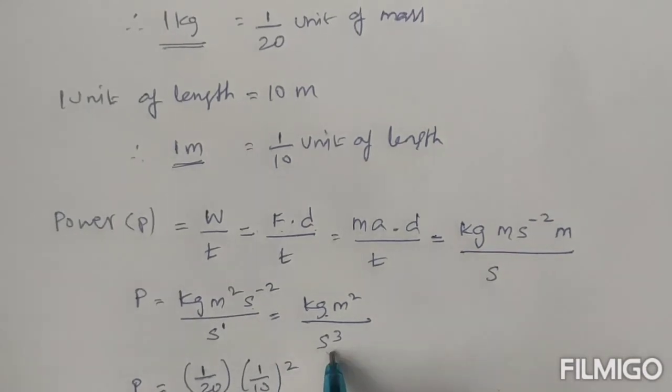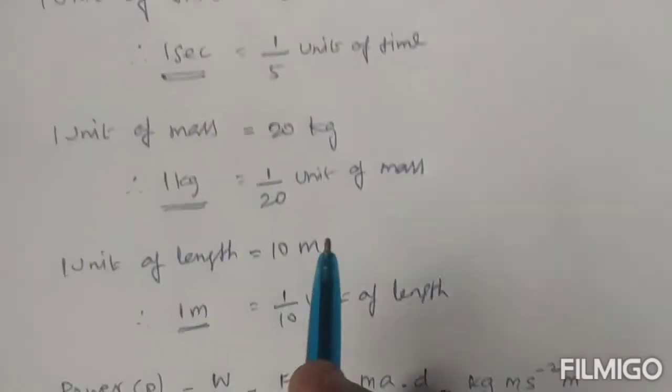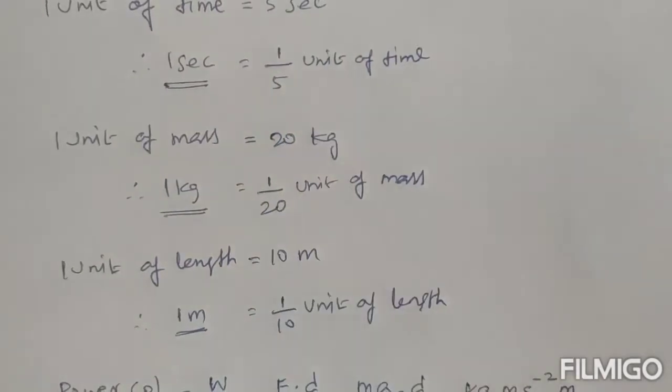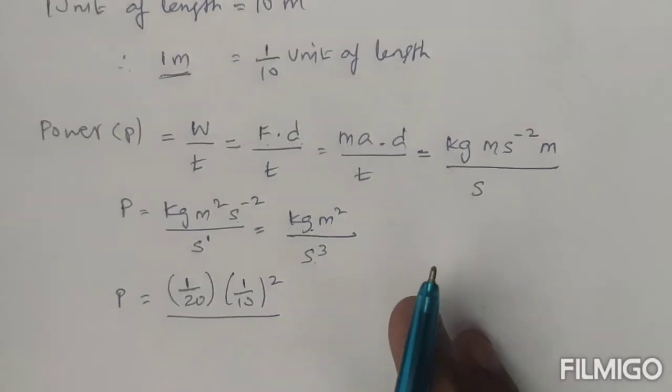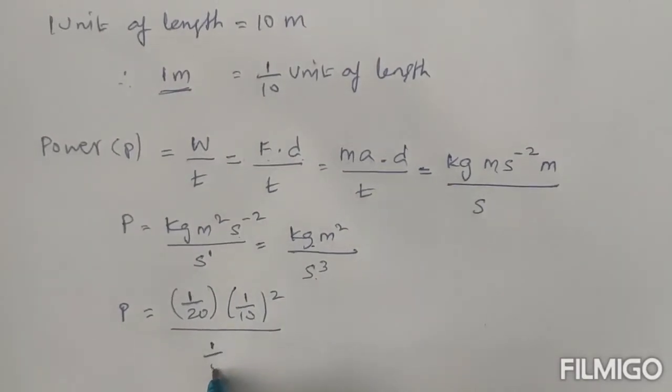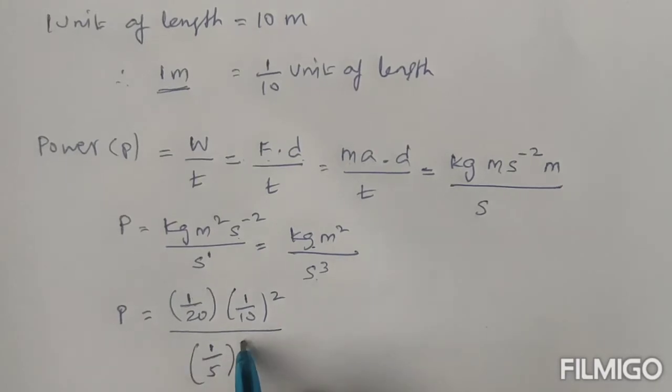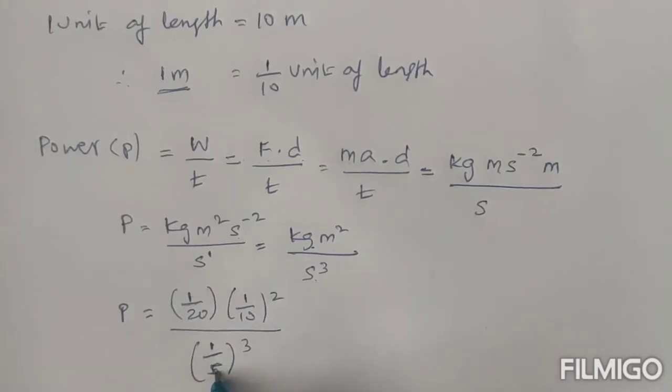Then divided by second. You know 1 second is nothing but 1 by 5 unit of time. So instead of second we can write 1 by 5, and then cube is there. This is 5, it's not s.